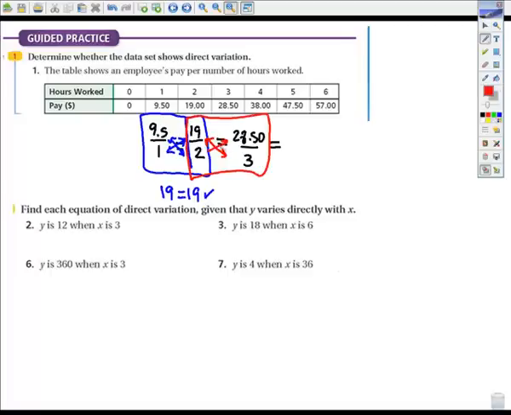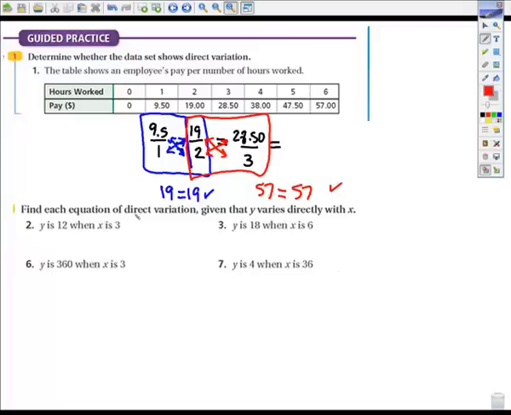I need to make sure that their cross products are equal. So I have 19 times 3 is 57. Does that equal 2 times 28.5? And it does. So yes, this is direct variation.